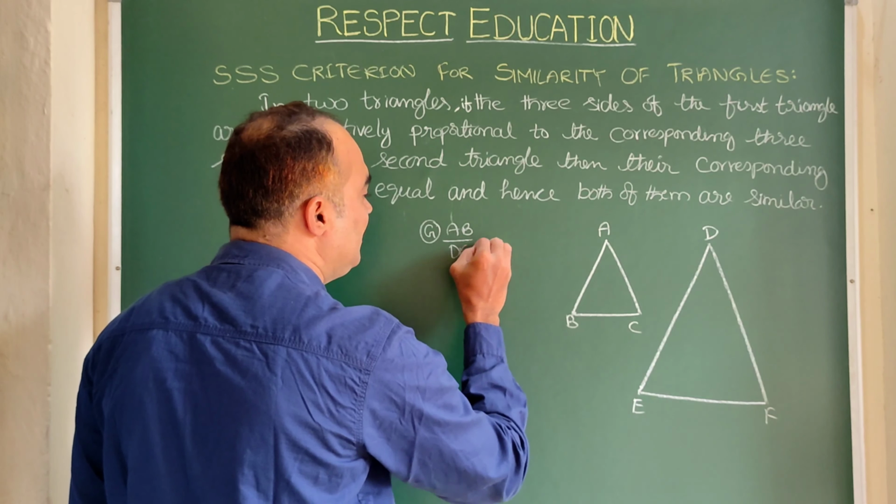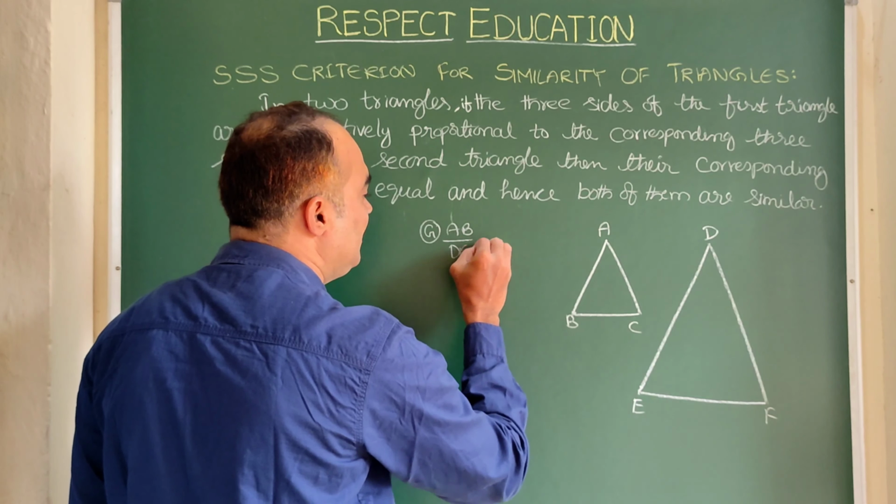Next, we need a construction. So here I am writing the construction. Locate P on DE and Q on DF such that AB is equal to DP and AC is equal to DQ, then join PQ. So here you take P, here you take Q. That means AB is equal to DP, AC is equal to DQ, by construction.